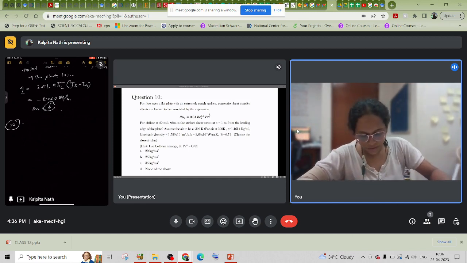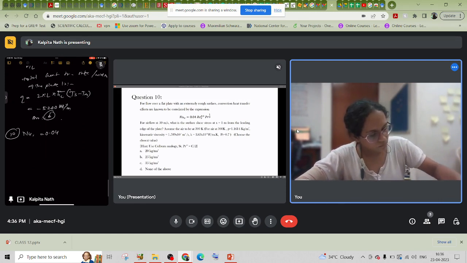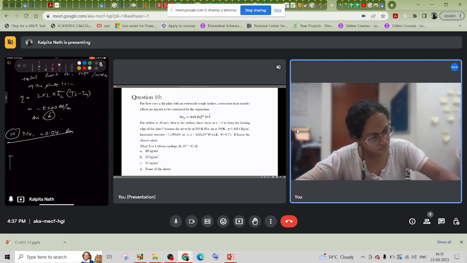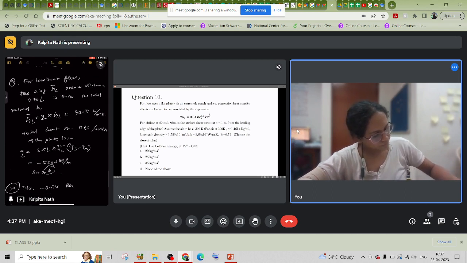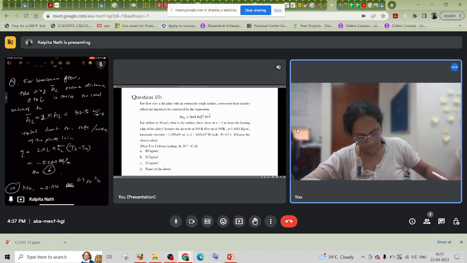First, the Nusselt number is given as 0.04 Reynolds number to the power 0.9, Prandtl number to the power 1/3.